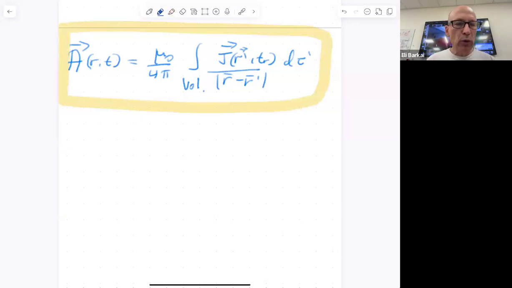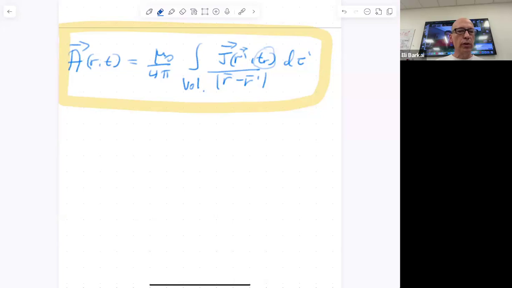What is this equation? It gives you the vector potential in terms of the current density J. This equation is very familiar to you. Now you thank Griffiths, and maybe you even thank me that I taught you this equation in the static case. Because in the static case, it's exactly the same. You just have to replace this t_R by some static current, which means that it doesn't depend on time.